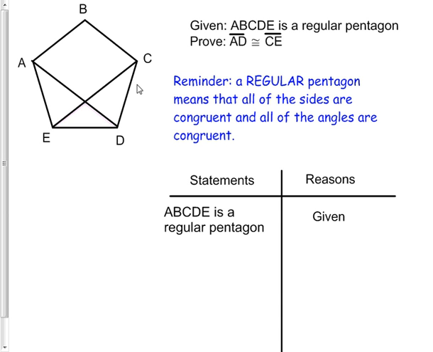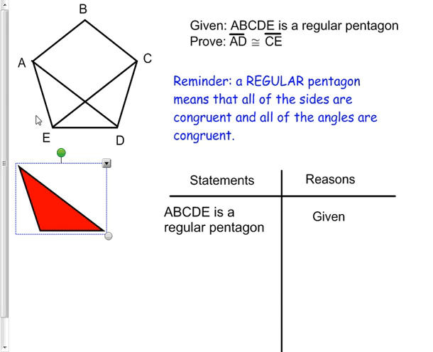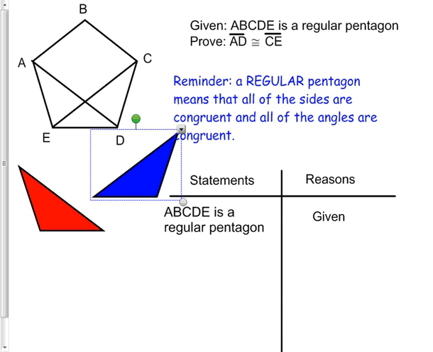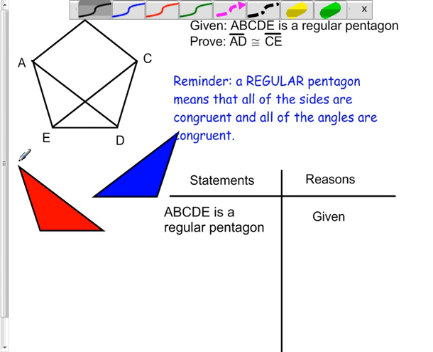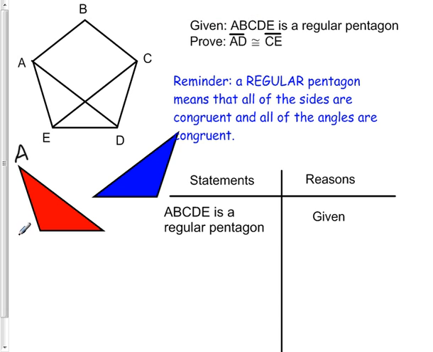But it gets kind of messy with the overlap, so I'm going to pull these out. So I've got this triangle, this is AED, and then I've got the other triangle, this one's CED. So let's label these while we pull them out. So it'd be AED, and this one is CED.